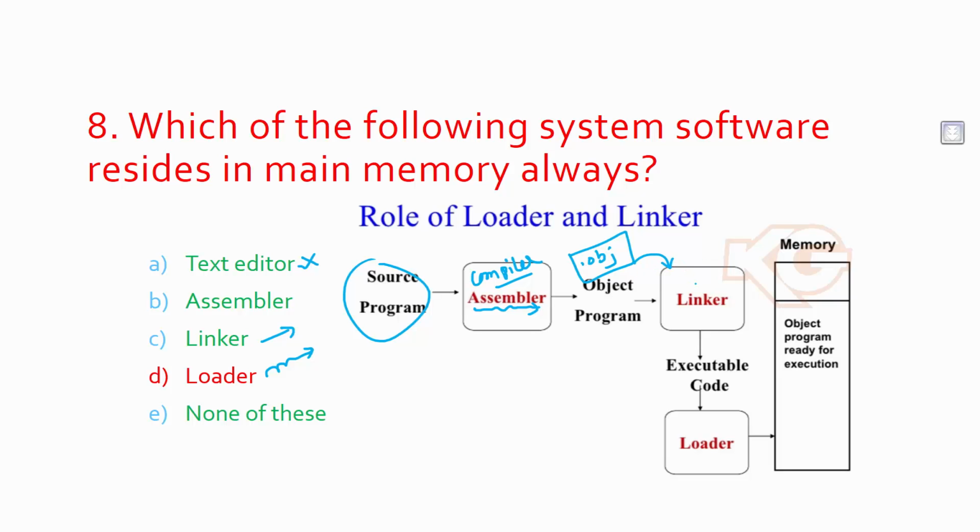And then comes the linker program, where we saw in our earlier picture as well, multiple object files as well as some system libraries, in short they call runtime libraries, will be converted to an executable code. Finally, the executable code will be handed over to loader. The loader knows where in the memory it should be placed and kept for ready to execution. To have this process running pretty quickly, the loader should always reside in the main memory to be able to fetch the required executables. So your answer should always be a loader in such scenarios.